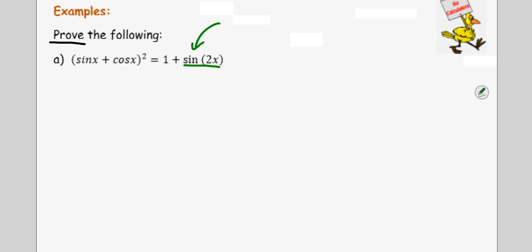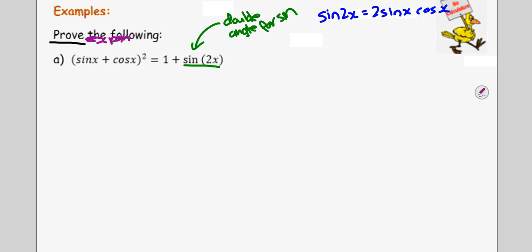So double angle formula. I'm just trying to point out the thinking that we use. You look at that and go, double angle formula for sine. I'll just show you: sine 2x equals 2 sine x cos x. So we're going to replace sine 2x with 2 sine x cos x, and this we're going to expand and FOIL.